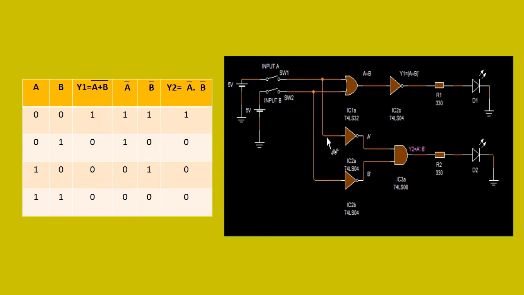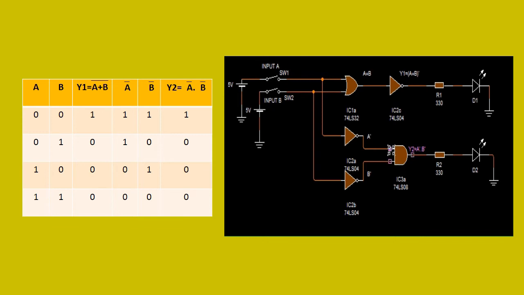If A is connected through this NOT gate, from this NOT gate output terminal we get A bar output, and if B is connected through this NOT gate chip, we get B bar from its output terminal. So this A bar and B bar are connected with the AND gate input.